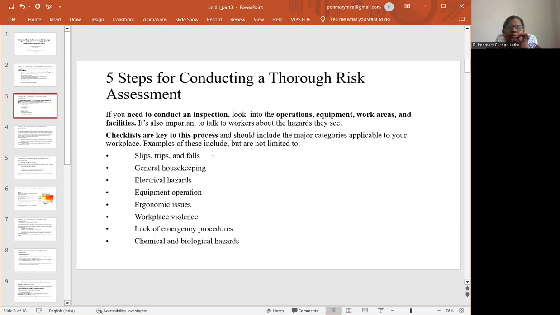So when you do this, you can assess the risk. There are many checklists we can keep. Either you can have slips, electrical hazards, equipment operation, ergonomic issues, workplace violence, lack of emergency procedures, chemical and biological hazards.